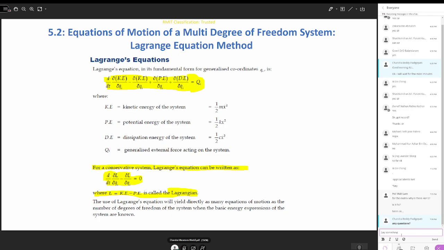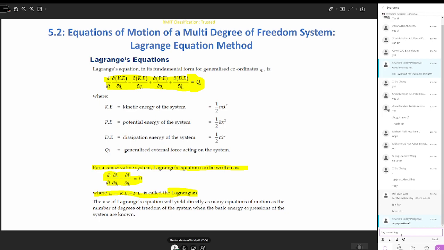So now we are discussing multi-degree of freedom systems. Now we know how to draw the free body diagram and derive equations of motion. But we can see there is a trend for multi-degree of freedom systems when writing equations of motion.